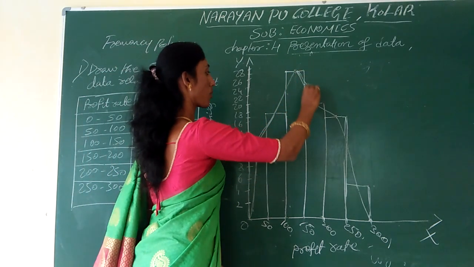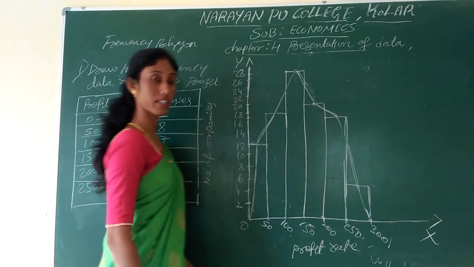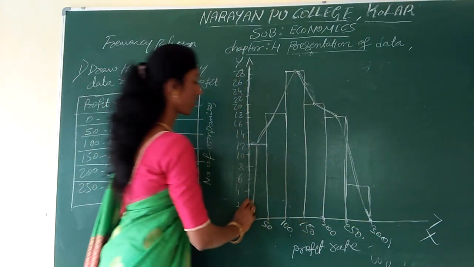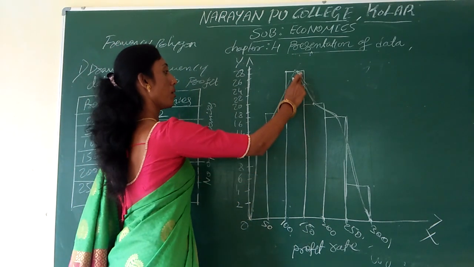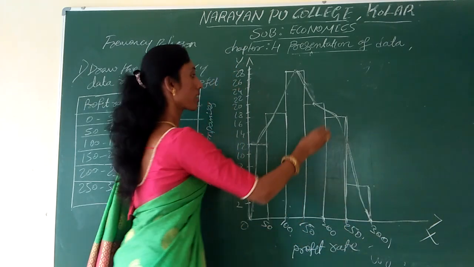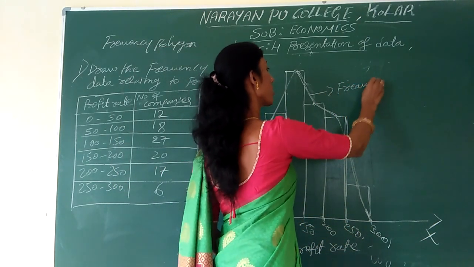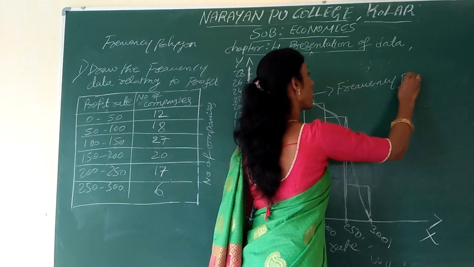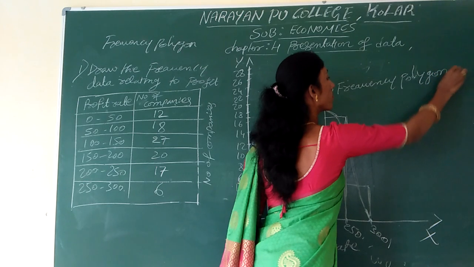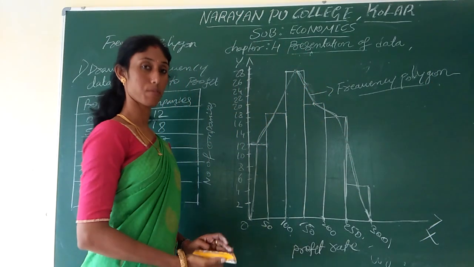See, with the help of the histogram, it's easy to draw it. It ends here, from 100 to 300. We are getting the number of companies against the rate with the frequency polygon. If you want, you can write here, frequency polygon. This is the simple way to draw the frequency polygon.